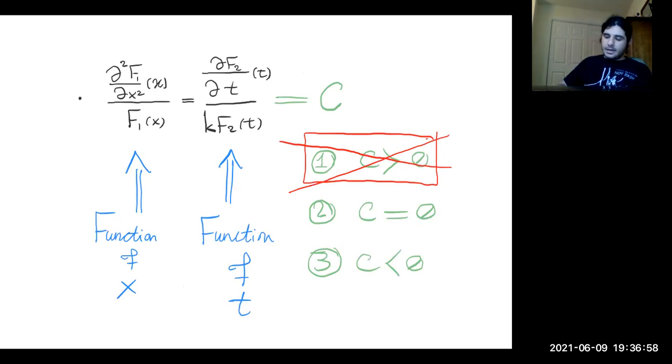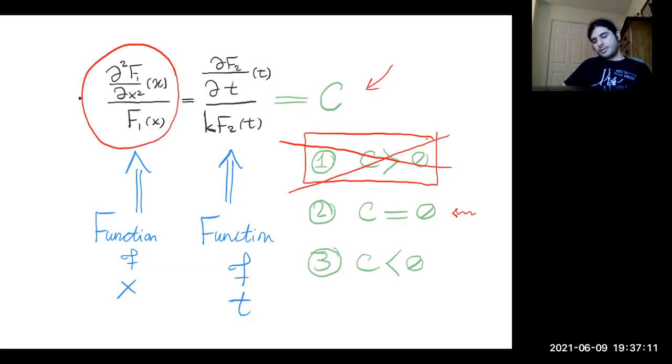Okay, let's look at the second case now. Let's focus on the case where c is equal to 0. So this constant here is equal to 0. Therefore, this term here is 0. Also, this other term here is equal to 0. So the second derivative of f1 with respect to x over f1 is equal to 0. That's one condition.